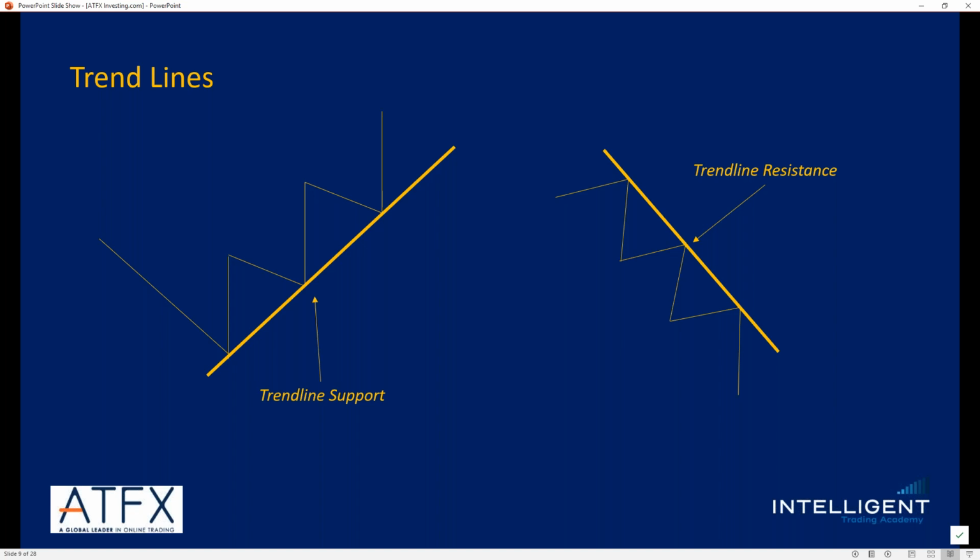Now, there's a couple of ways to look at support and resistance trend lines. Some traders will look for the break of that to ensure they're taking the breakout. And then, of course, some of them will be looking to buy that support or sell that resistance subject to the gain. Now, this is one of the biggest areas a lot of traders come to. Why do they call it a zero-sum game?